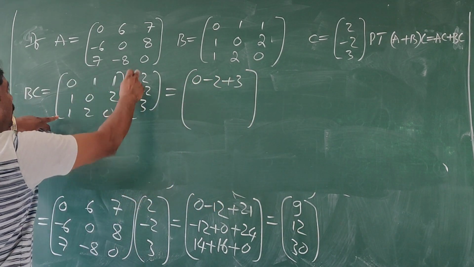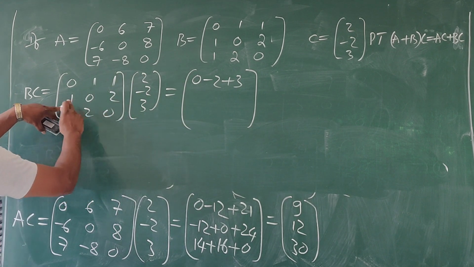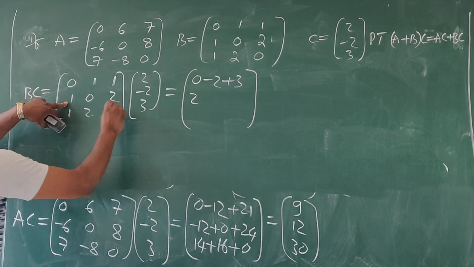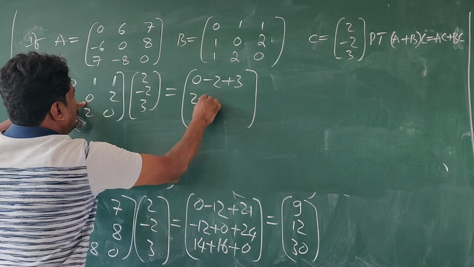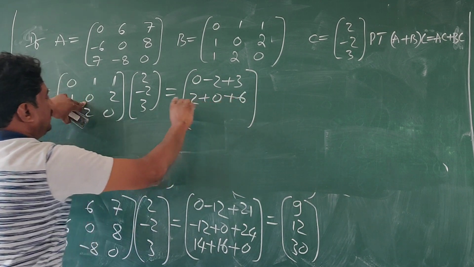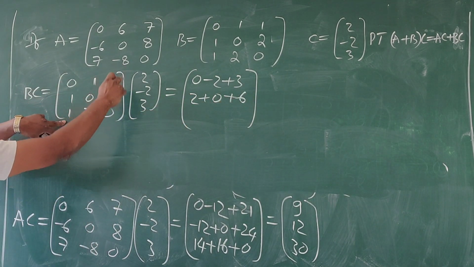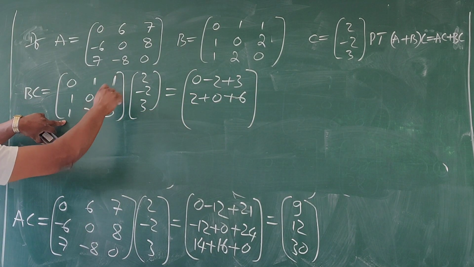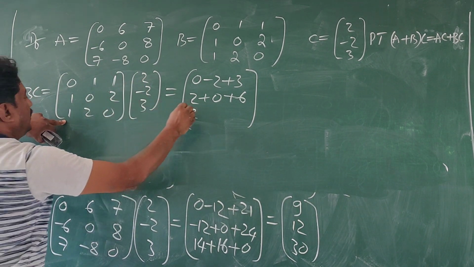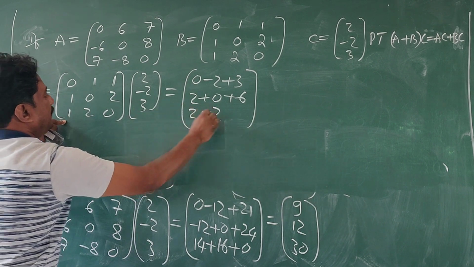Second row, first column: 2, 0, plus 6. Third row, first column: 2, -2, plus 0.